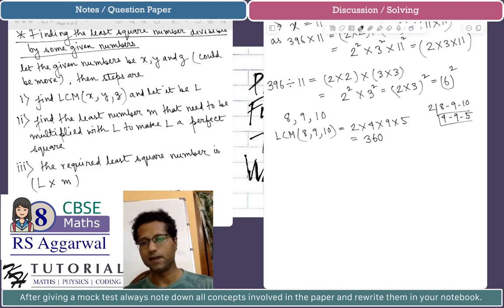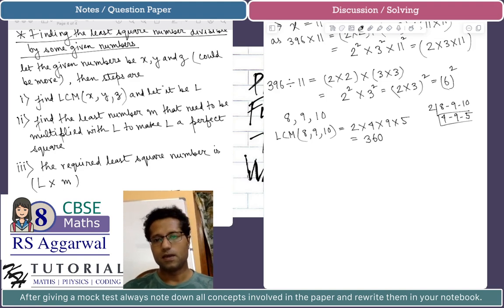Now please keep in mind, you cannot find the least number that needs to be divided into 360 to get a perfect square, because whatever that perfect square will be, it will not be divisible by 8, 9 and 10. The concept is that you have to find the least square number which is divisible by 8, 9 and 10.